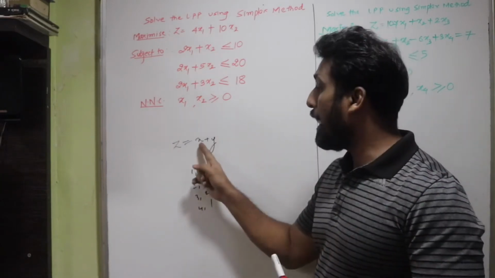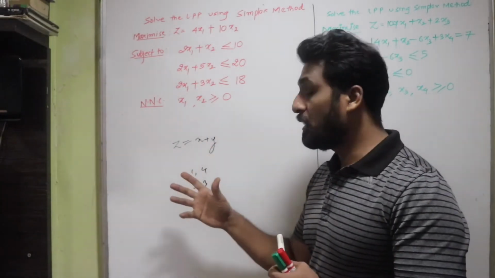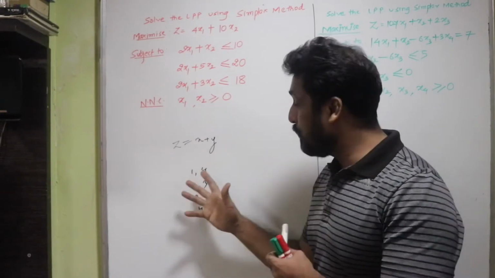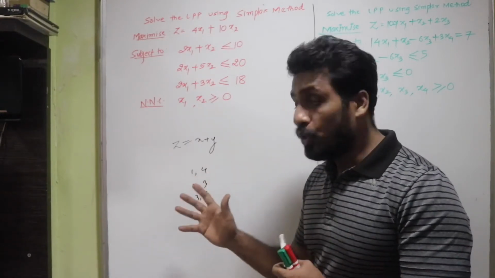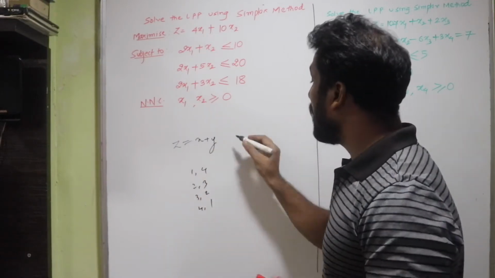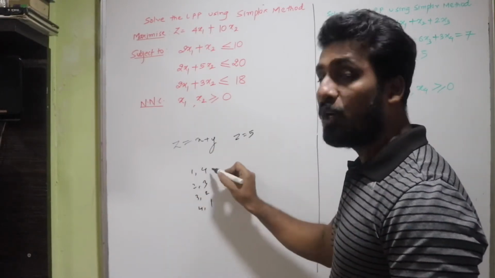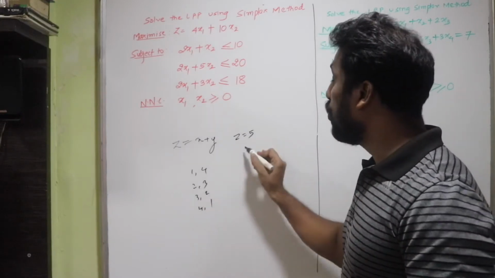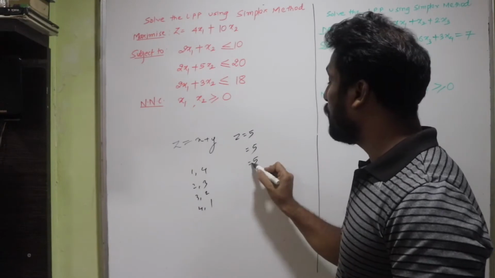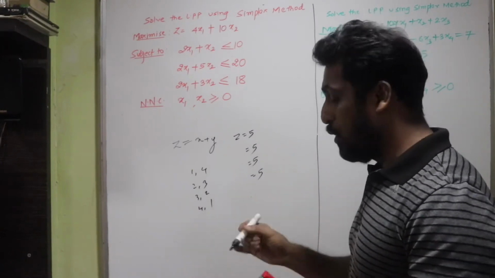That means I had the objective function z = x + y, and these were all my feasible solutions. If you take (1, 4) and put it in this equation, z comes 5. For (2, 3) also the value comes 5. For (3, 2) also the value comes 5. For (4, 1) also the value comes 5.